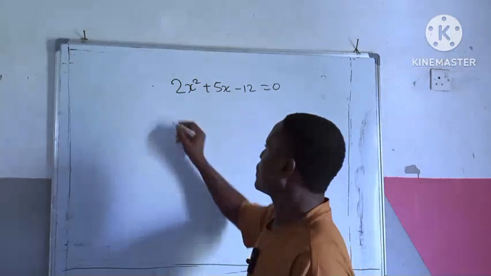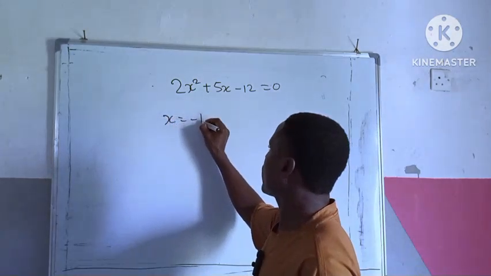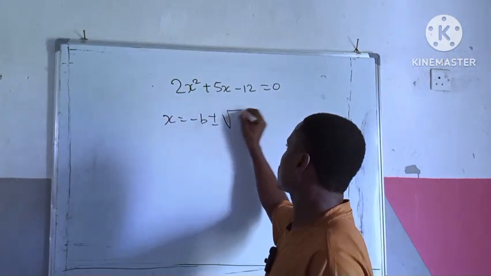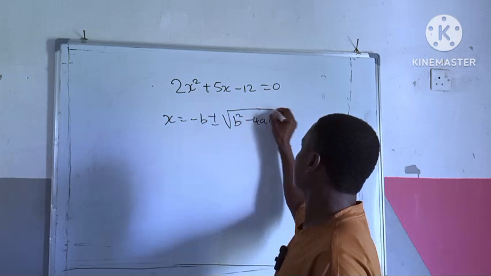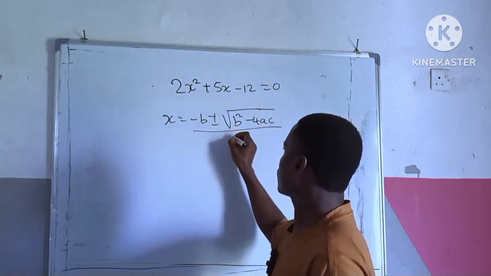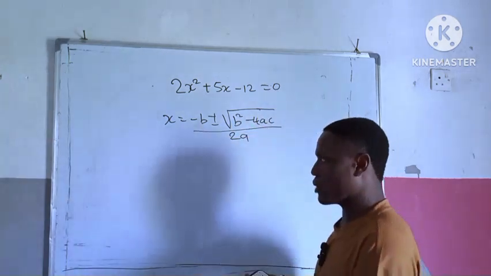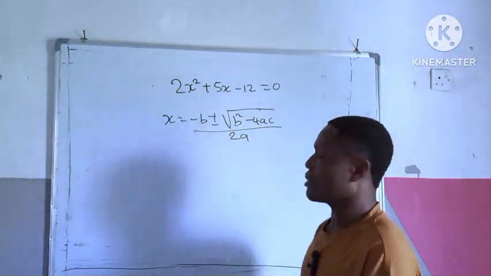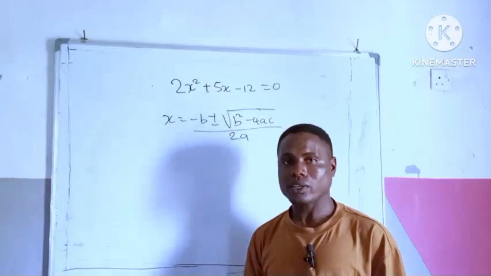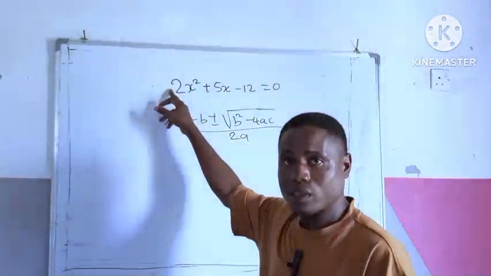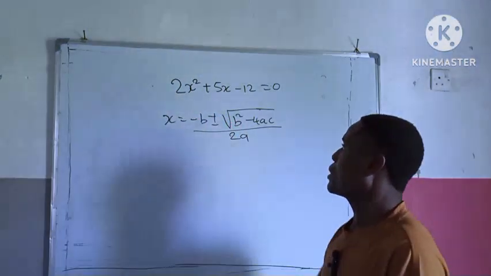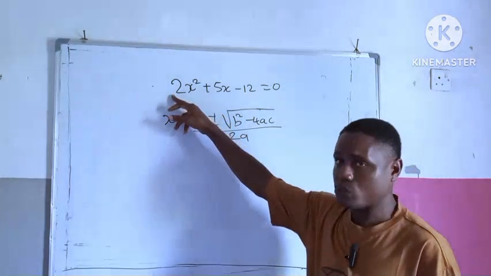So the formula is x equals minus b plus or minus the square root of b squared minus 4ac, all over 2a. With this formula, you can solve this question very fast. Where a represents the coefficient of x squared, here is 2.